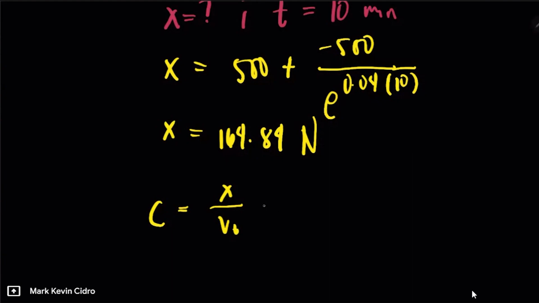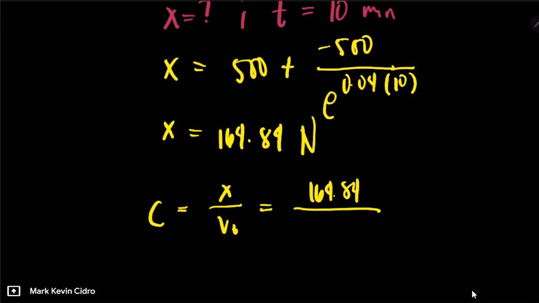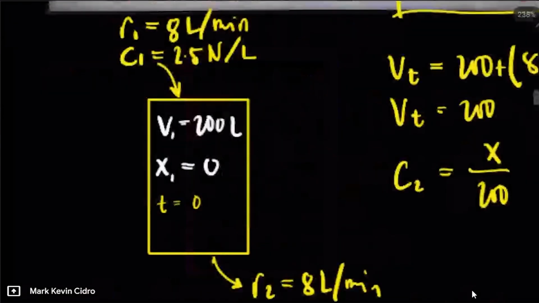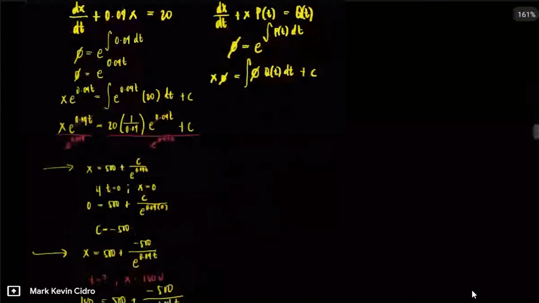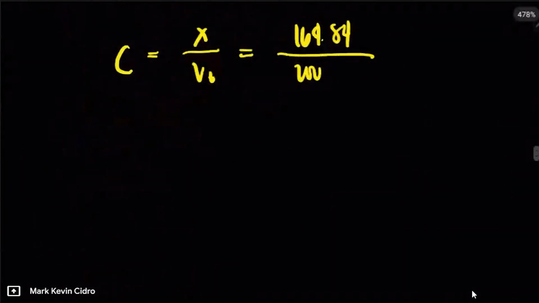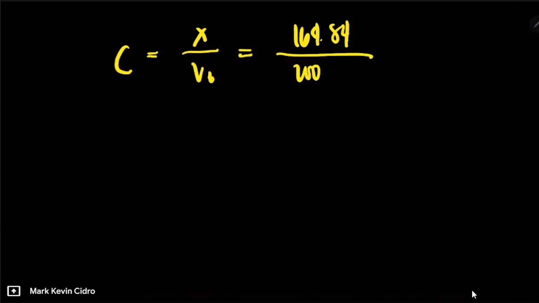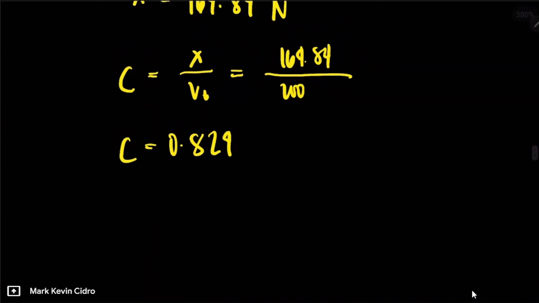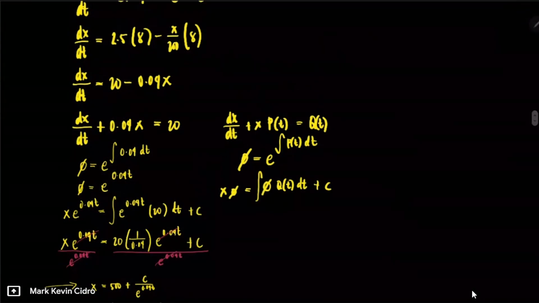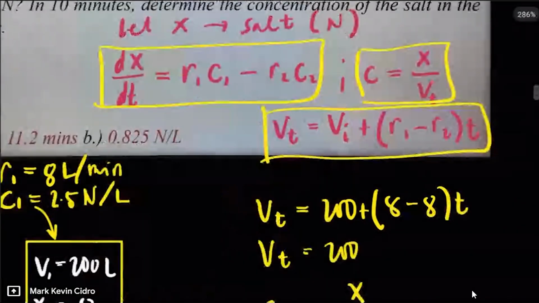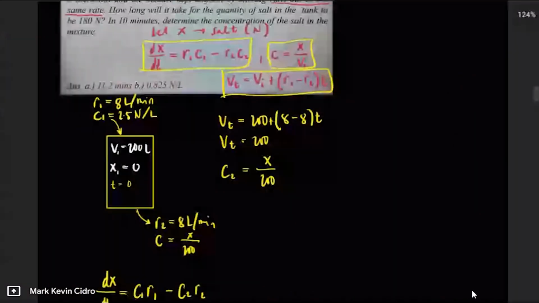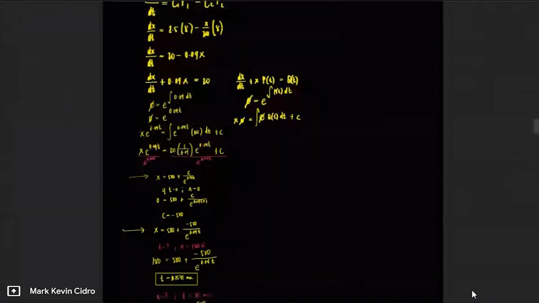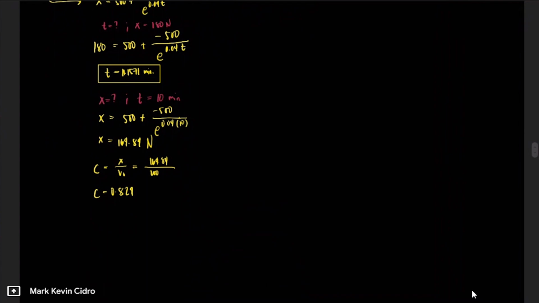The volume is constant at 200 liters. So the concentration is x over 200, which is 164.84 over 200, equal to 0.8242. This is now your concentration.